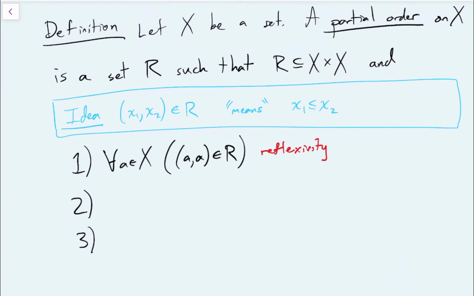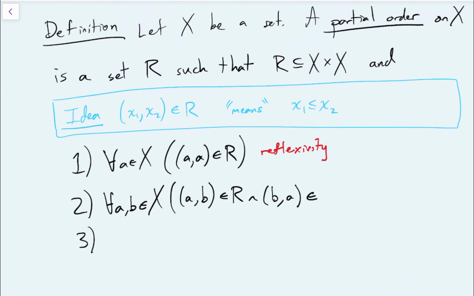Property 2 was antisymmetry, which said that if I have any two elements of my set and they're both less than or equal to each other, then in fact they're equal. So let me write out what that would mean. A less than or equal to B means that (A, B) is in R, and B less than or equal to A means that (B, A) is in R. This little symbol here means "and."